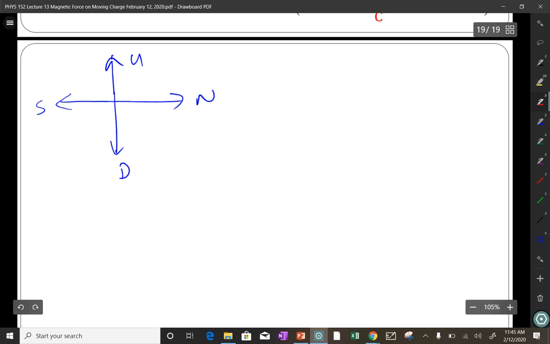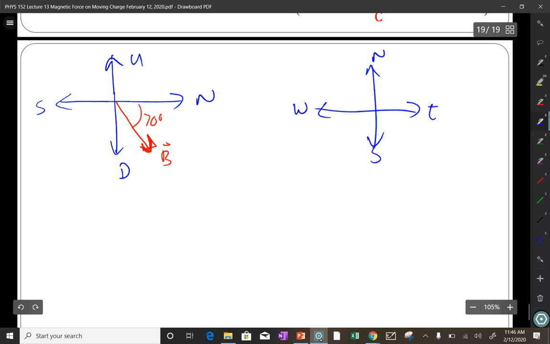In solving the problem myself, I would draw two pictures, one with this and one with the other. So in drawing north, south, up, down, my magnetic field in this case is pointing in that direction, 70 degrees. And then if I draw north, south, east, west, my magnetic field in this picture would be looking like that.